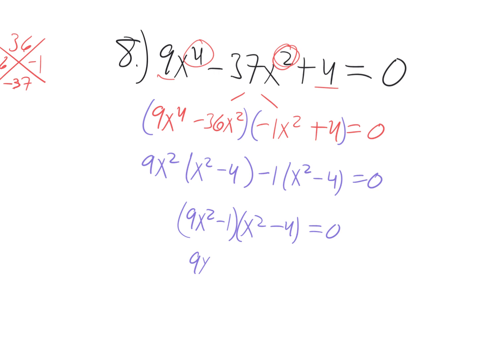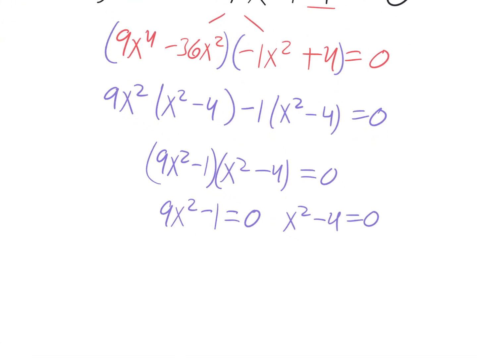And now we set each factor equal to 0. All right, so here we can add 1 on both sides. And we get 9x squared equals 1.